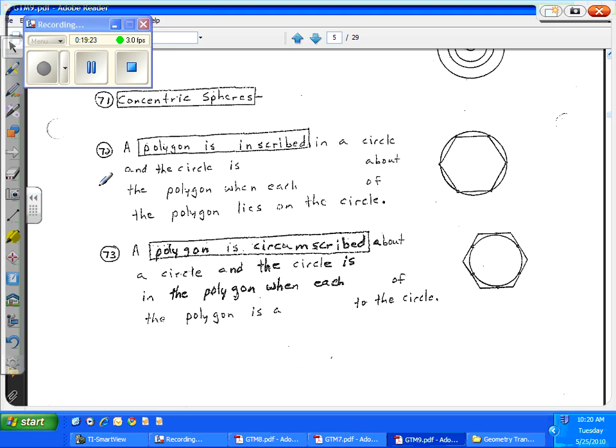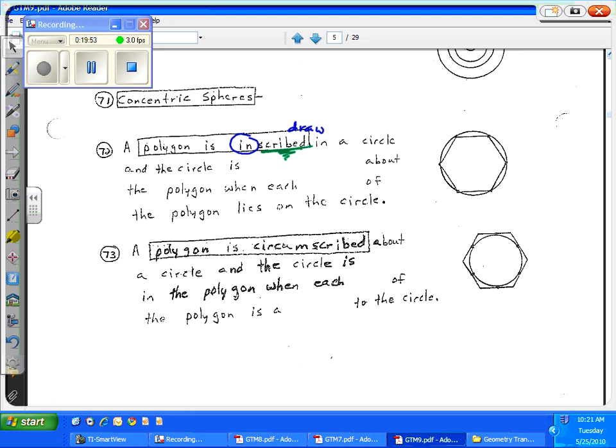So now we're going to talk about inscribed and circumscribed. If you're a student of the Bible, then you would know a scribe is one that copied the biblical text or the Old Testament. So they would pass it down from generation to generation by writing because they didn't have copy machines. So a scribe is one that writes or draws.